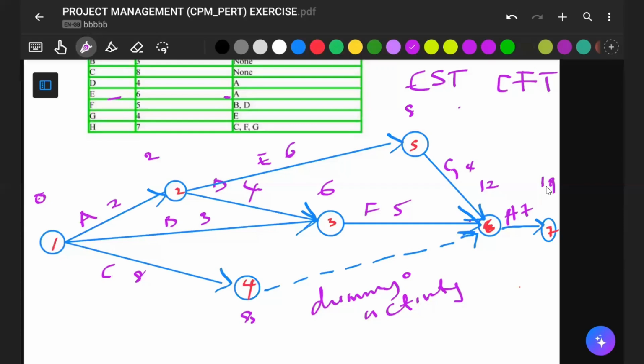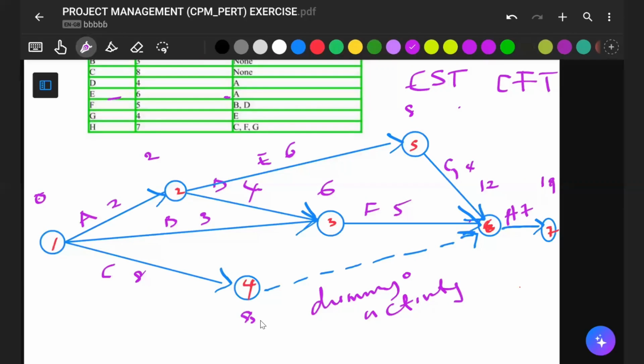You've gotten all the earliest: 0, 2, 8, 12, 19. We also have 6 here and 8 here. So now, what do we do?